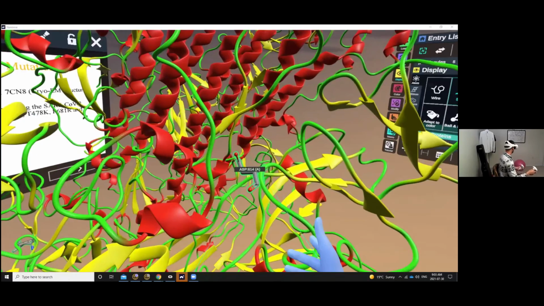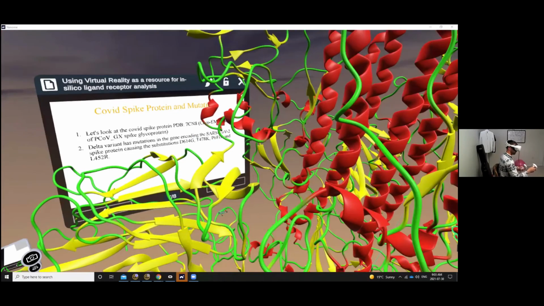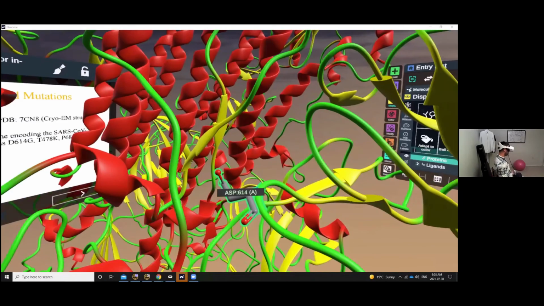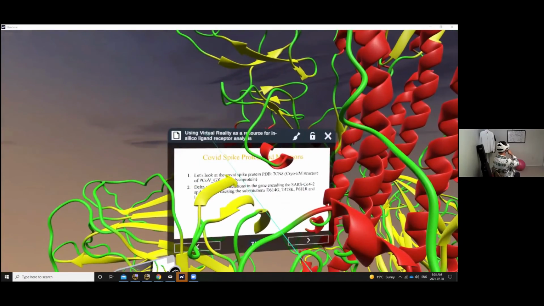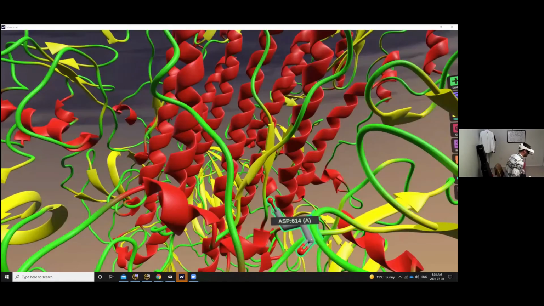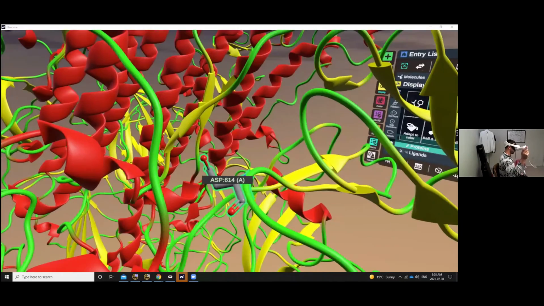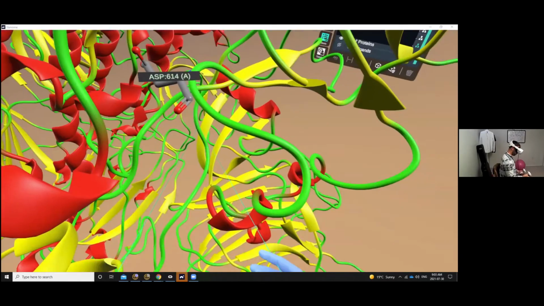Let's start at aspartic acid 614. Okay, so this is pretty interesting. Within the spike protein, to make the delta variant, we have 4 mutations. So D614G. Okay, so what we want to do is mutate that.